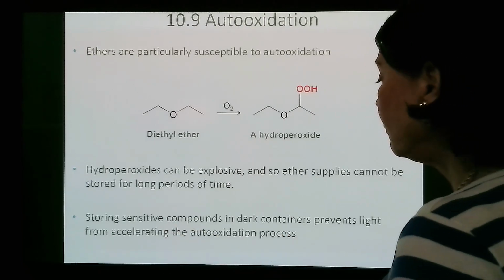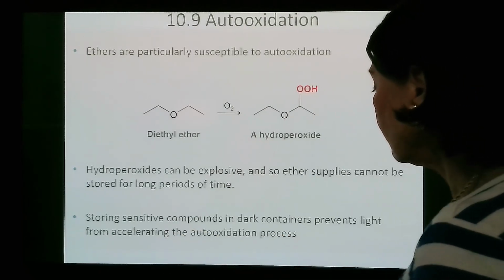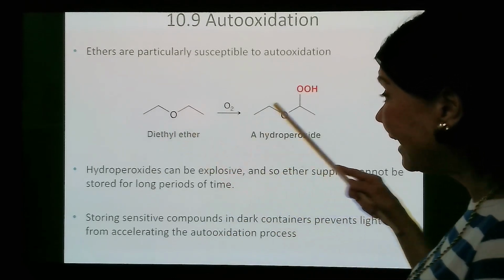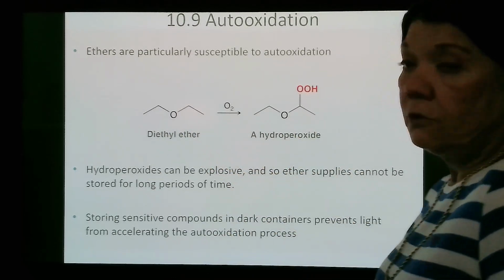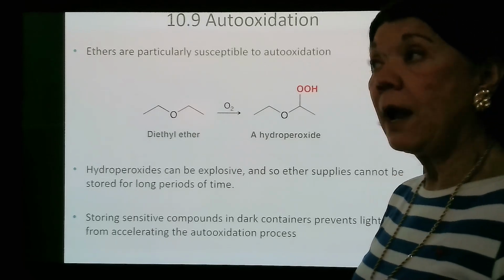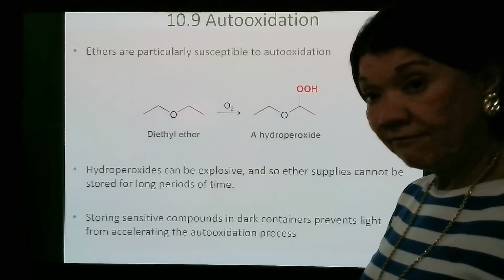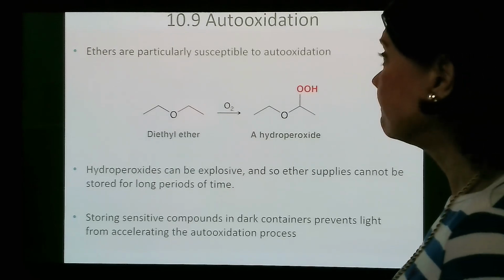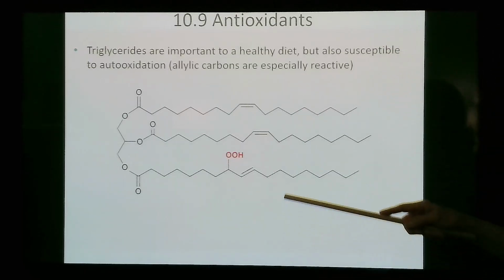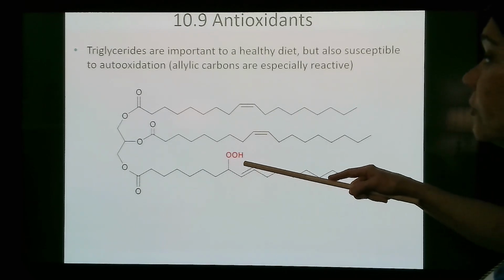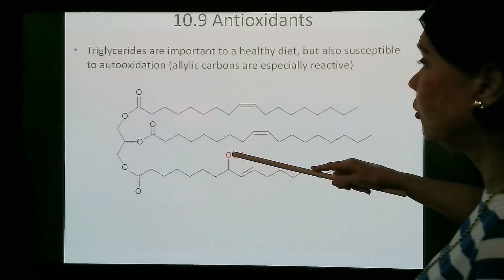Sensitive compounds can also be stored in dark containers, and it prevents the light from accelerating this process. You can use dark colored glass, you can wrap it in aluminum foil, whatever. Triglycerides are important to a healthy diet, but also susceptible to autooxidation.